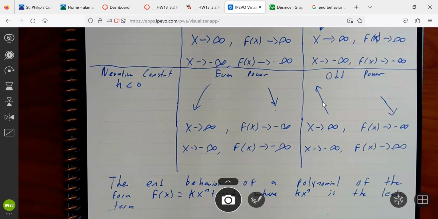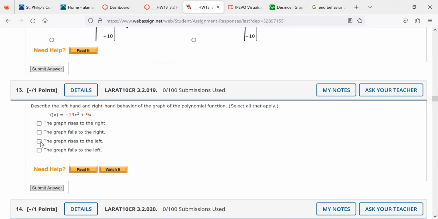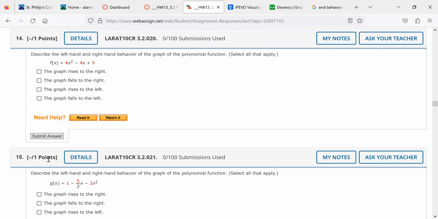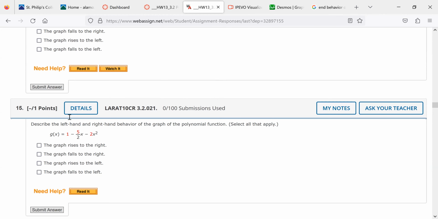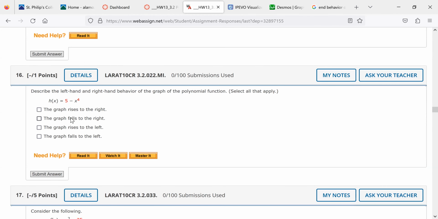Right, it's rising on the left, falling on the right. You guys agree? Yeah, so it rises to the left, falls to the right. Okay. And that one's boring. What about this one?